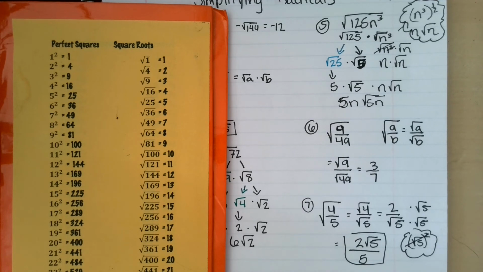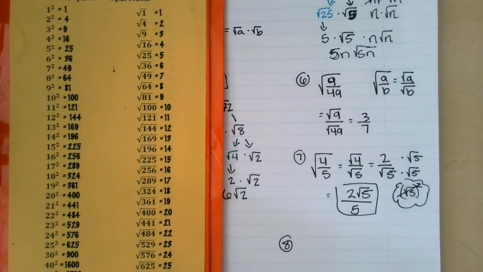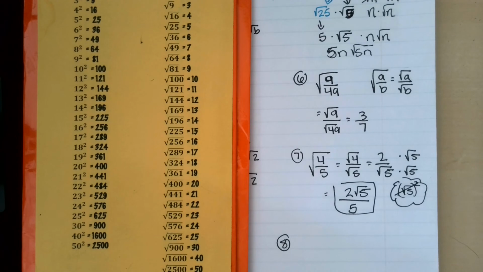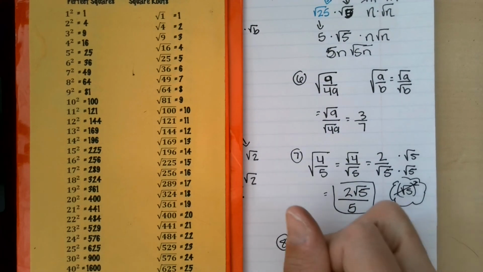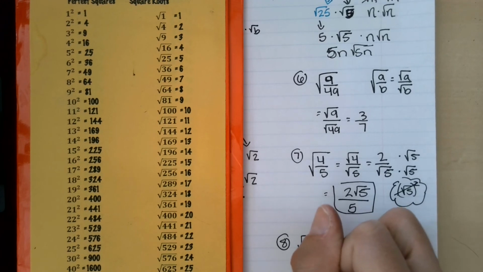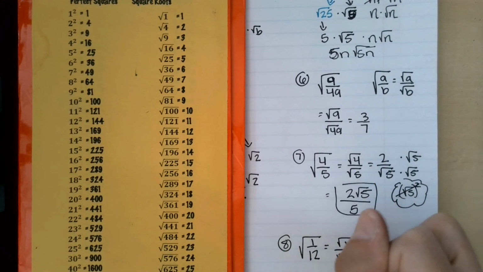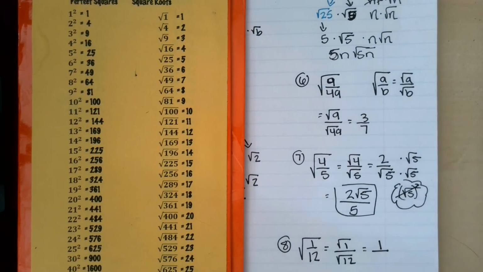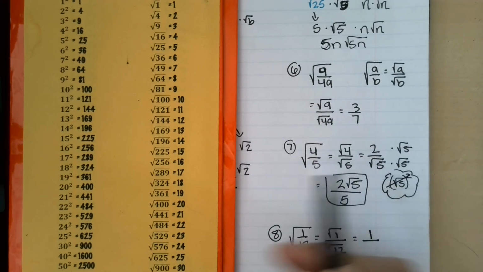I'm good to go. I'll do one more example with you, and this will be example 8. And I think I actually did those the right way this time with the numbering. Good. All right, so example 8, I'm going to do the square root of 1/12. So I'm going to split these up to the square root of 1 and the square root of 12. The square root of 1 is pretty easy. That's just 1. The square root of 12 is tricky. The square root of 5 was not on my list.